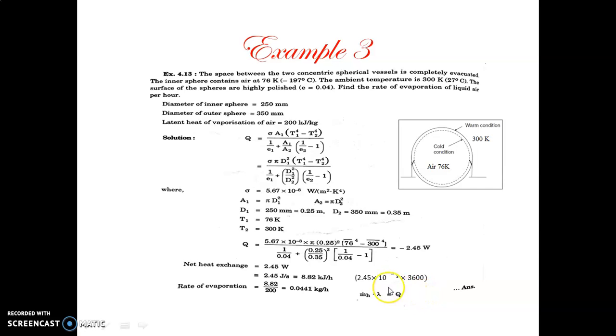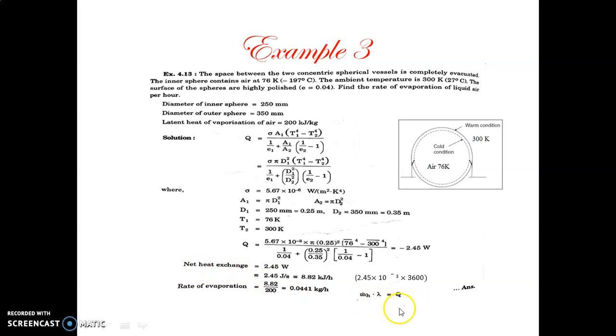Then, in the convection chapter we have already discussed this formula, m dot h into lambda is equal to Q. When the latent heat of evaporation is taking place, you have to use this formula. What is meant by m dot h? M dot h is nothing but the rate of evaporation, lambda is the latent heat of vaporization of that air, and Q is the net heat exchange.